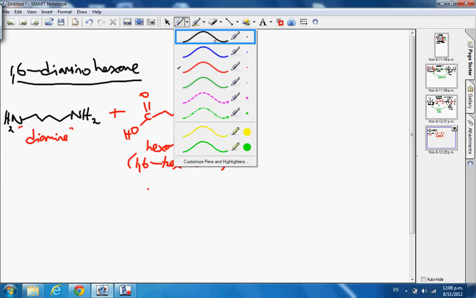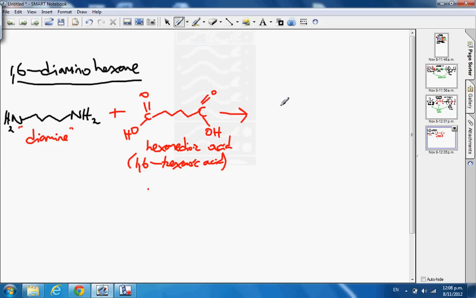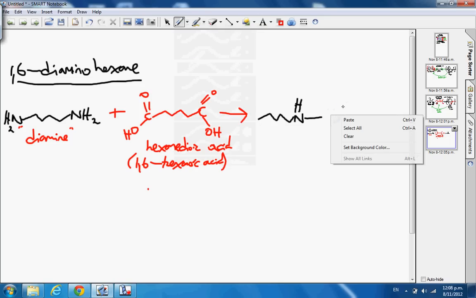So very similar to polypeptides. The only difference is this is a synthetically produced polymer as opposed to polypeptides, which are naturally produced. So if we draw the polymer which results from that, what you're going to have is your chain repeating, then you're going to have the nitrogen group from the diamine, so let's just deal with one end, and then that is going to join on to the carbon of the dicarboxylic acid.